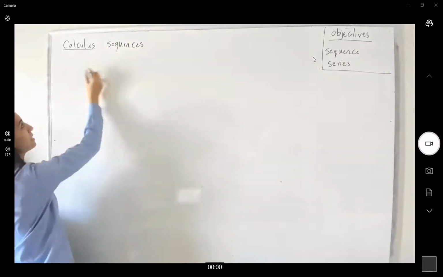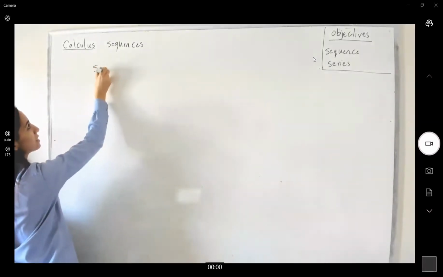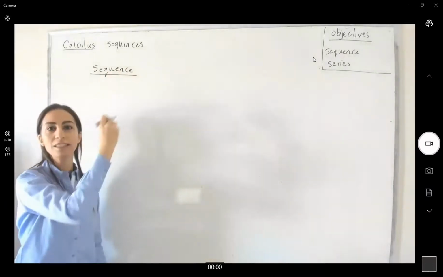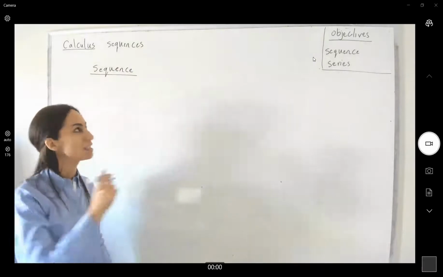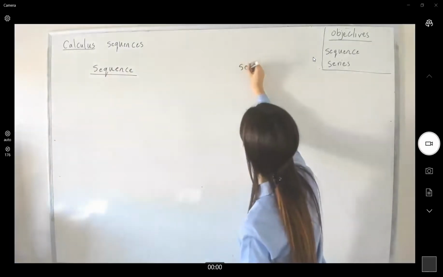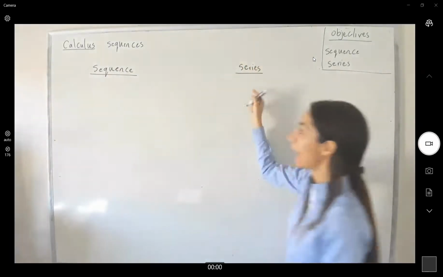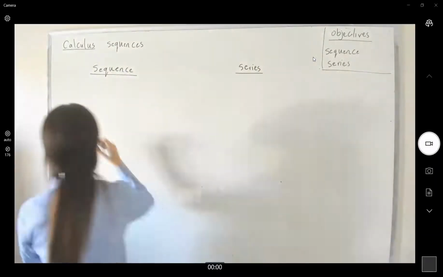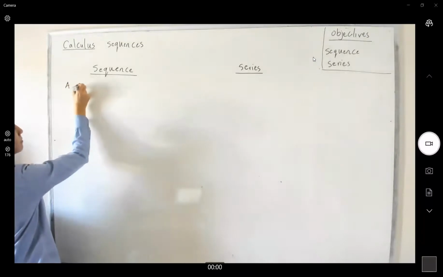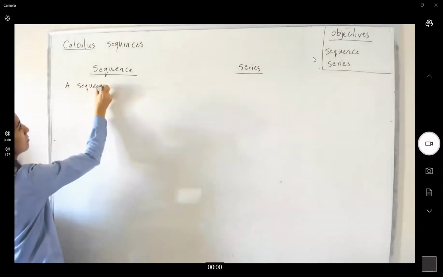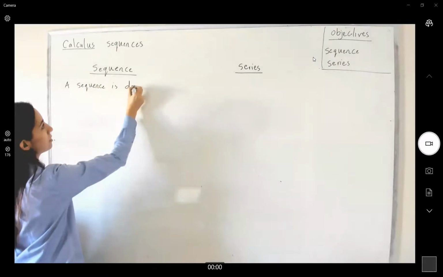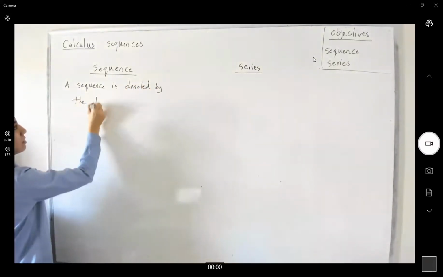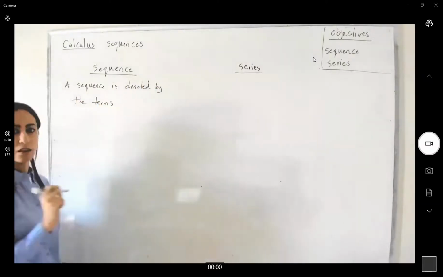So the difference between sequences and series is that when you have a sequence, you list the terms of a sequence. When you have a series, you add the terms of the sequence. So a sequence is denoted by the terms like this.